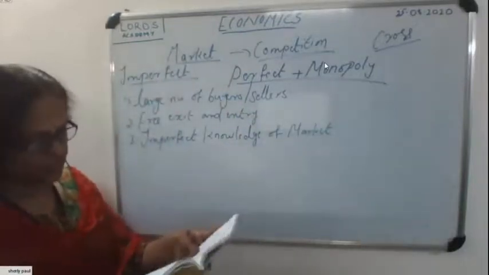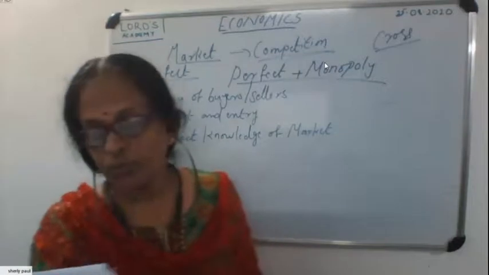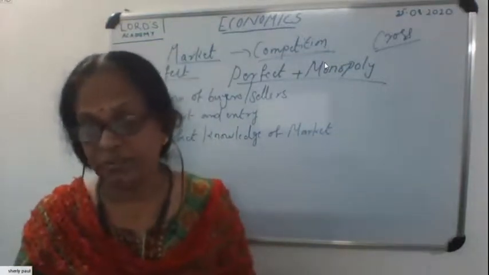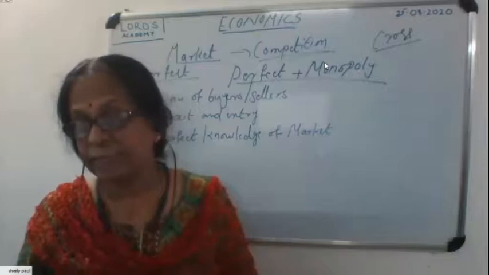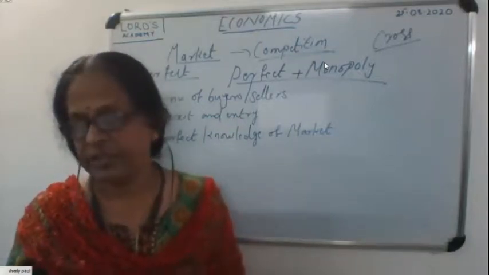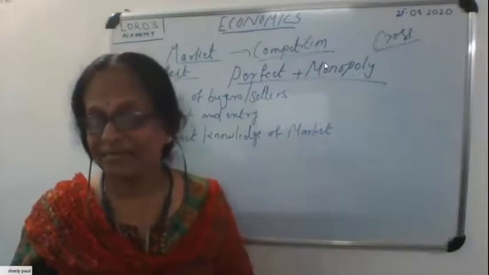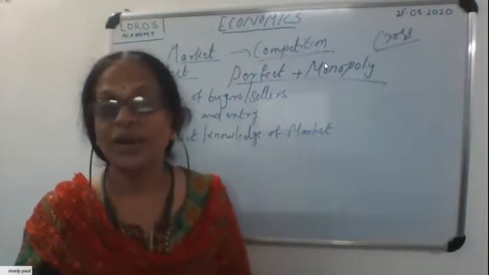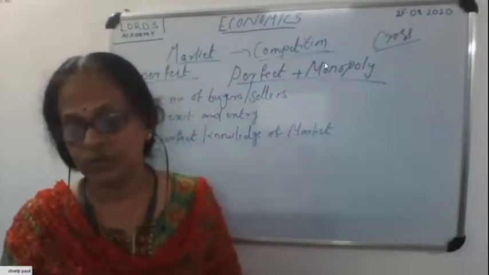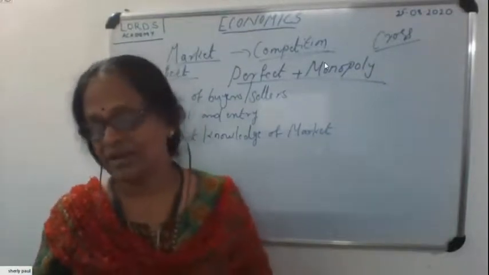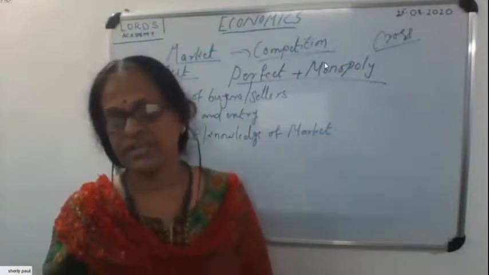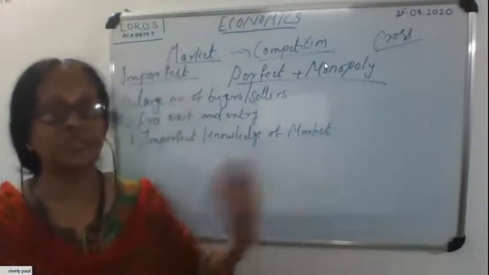Imperfect knowledge of the market. Here, in monopolistic competition, buyers don't know everything, but they have relatively complete information about alternative prices. They also have relatively complete information about product differences, brand names, etc. Each seller also has relatively complete information about the production techniques and the prices charged by their competitors.